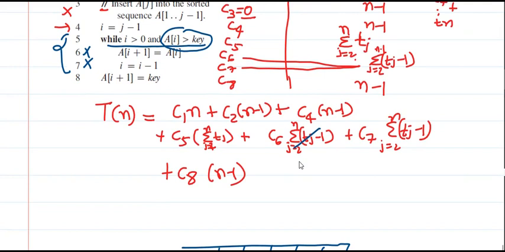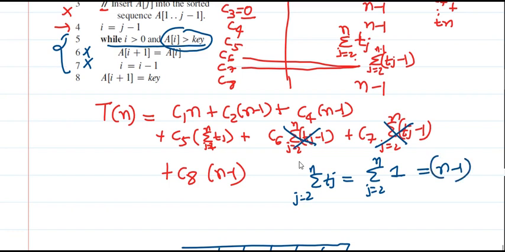So let's simplify. Like I mentioned, I can ignore these two terms because they are nothing but 0. Tj minus 1 is 0, so we can ignore these two, and the value of Tj is nothing but 1. If we simplify more, it's nothing but summation of 1, for values going from 2 to n, which is nothing but n minus 1.